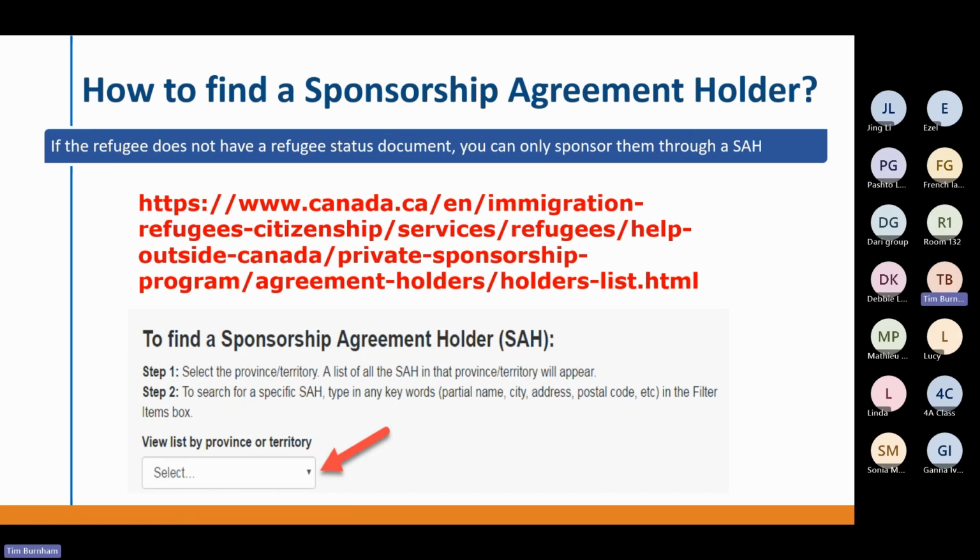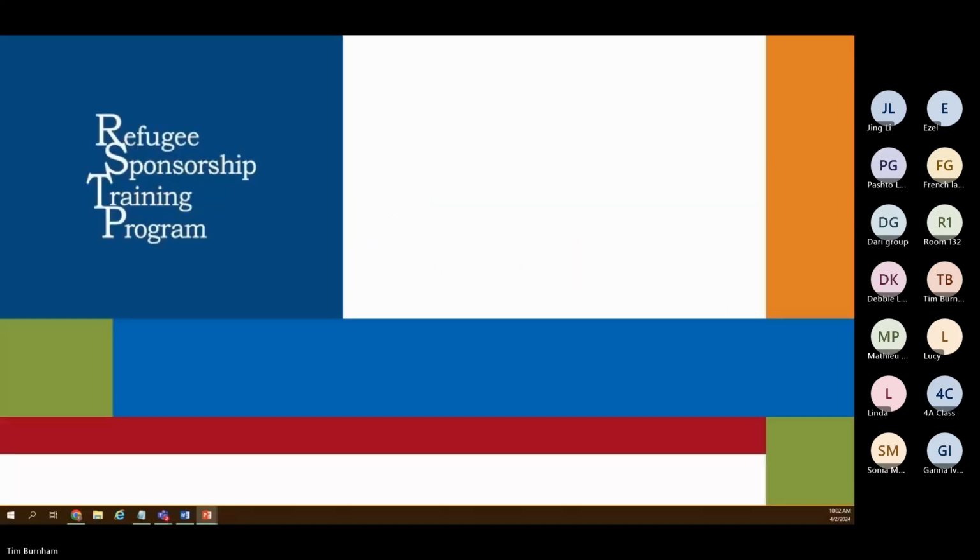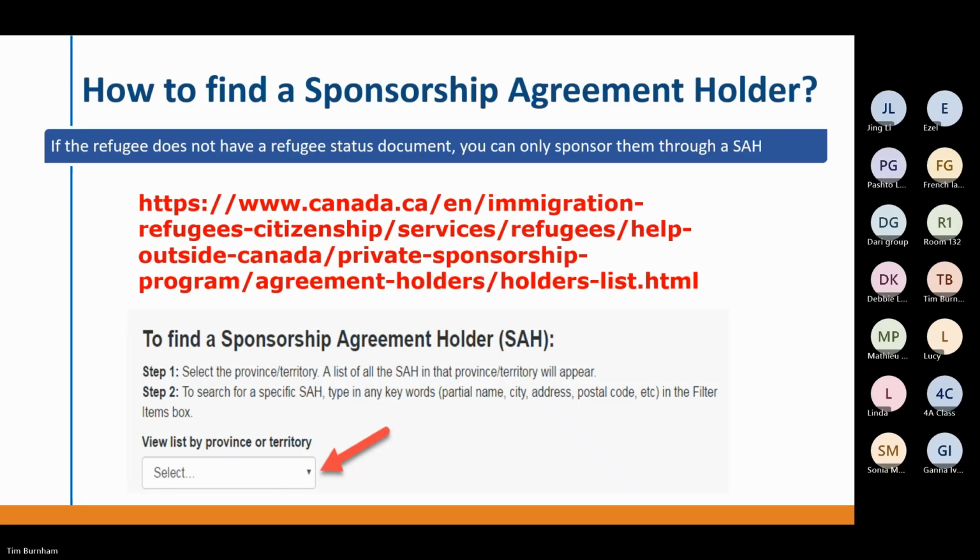You just type in sponsorship agreement holder and their website will come up. Then you click on your province. When you click on your province, New Brunswick, it will show you a list of all the sponsorship agreement holders in our province.